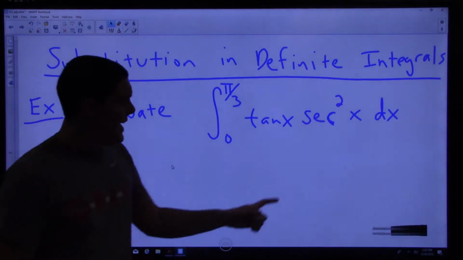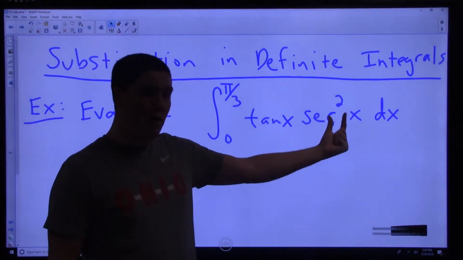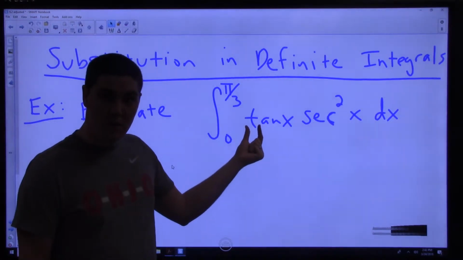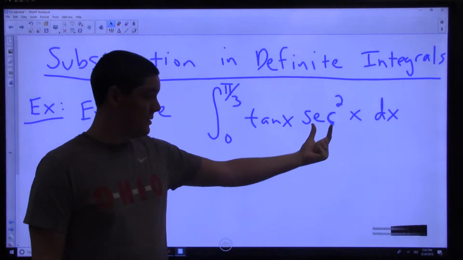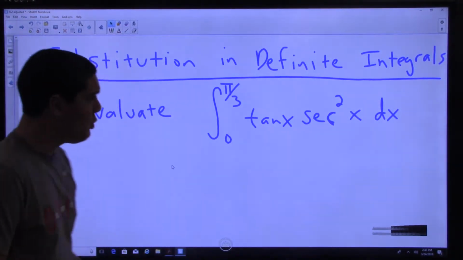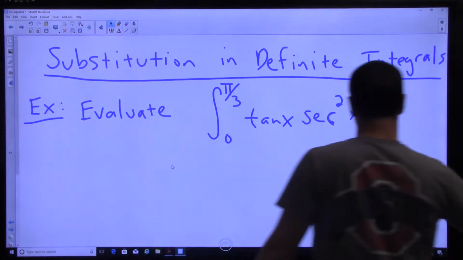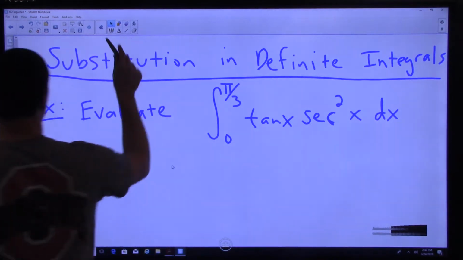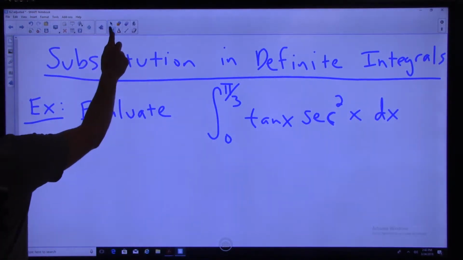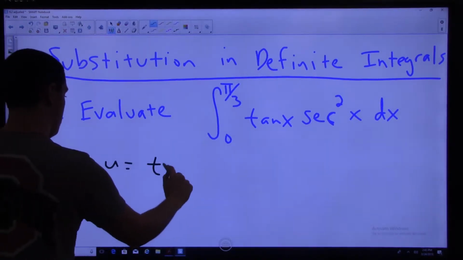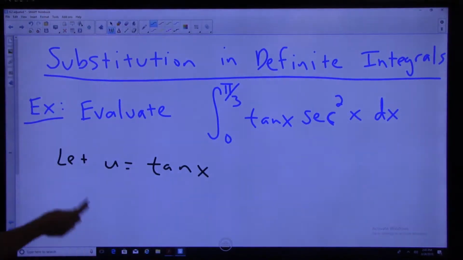So, if the antiderivative of secant squared is tangent, then what would the derivative of tangent be? Hopefully you got it, it's secant squared. So in this case I'm going to let u equal tangent x.